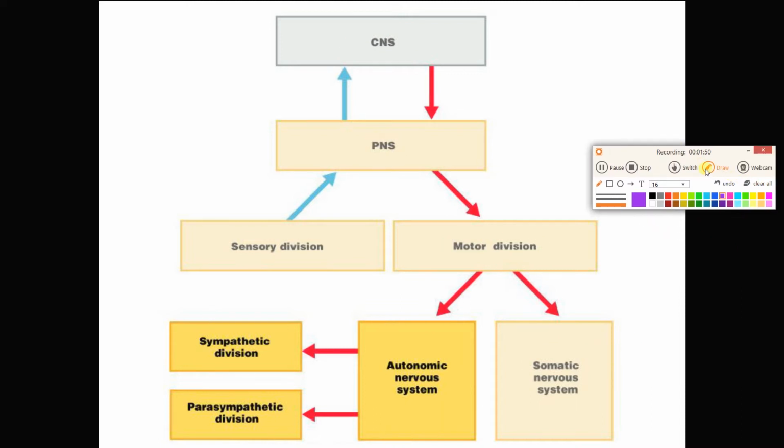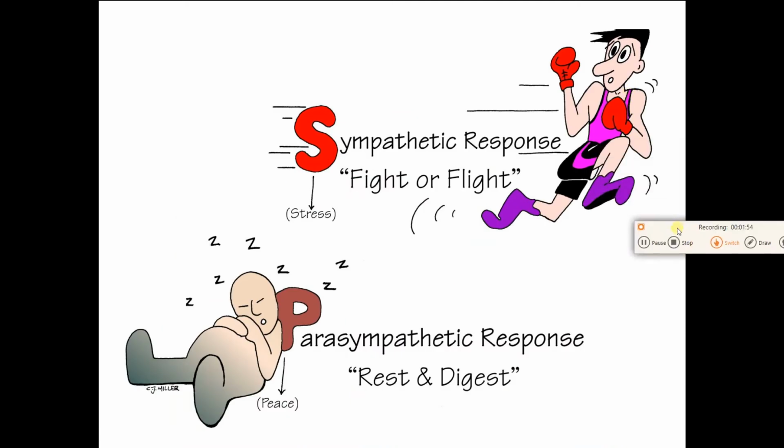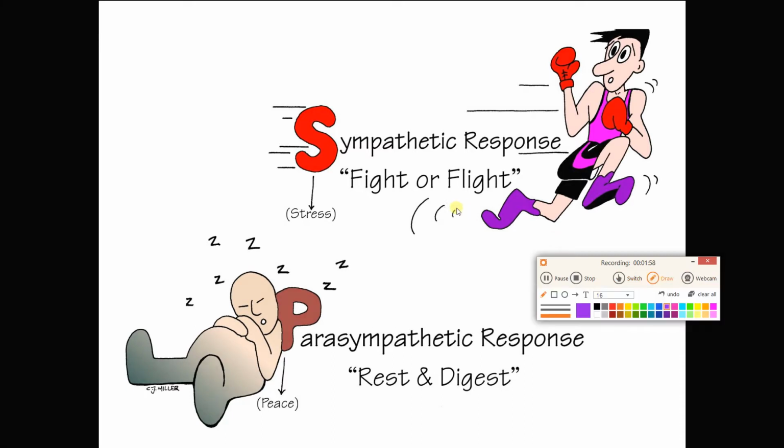Okay, there are a pair of nicknames we've got to be aware of. The sympathetic division is often referred to as the fight or flight division. And this will become apparent as we go through the things that this nervous system causes to happen in your body.